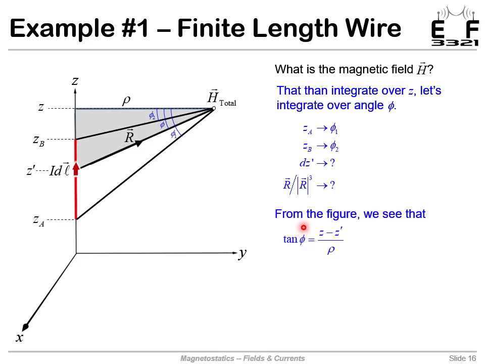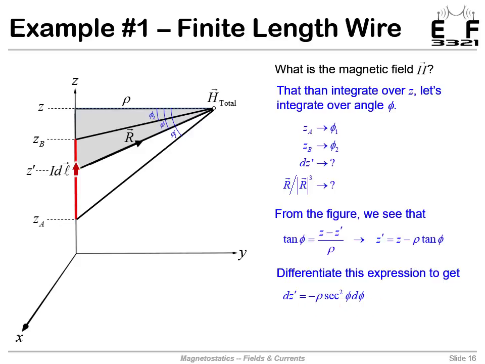So tan phi is (z minus z prime) over rho. We solve this equation for z prime, and then we'll differentiate that to get an expression for dz prime in terms of phi. So we differentiate, and we get this.